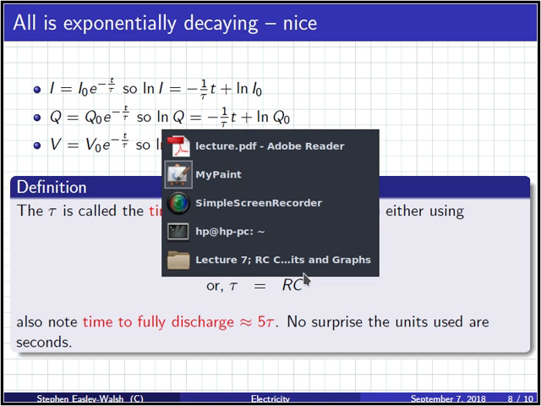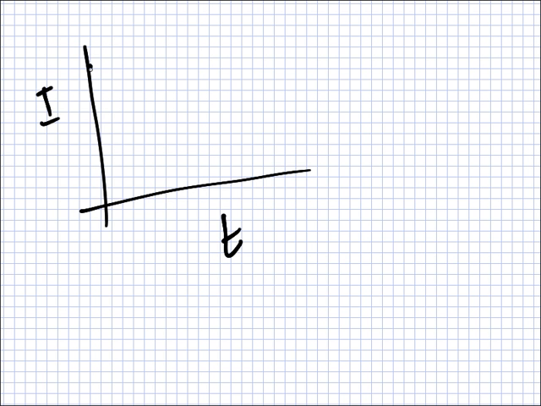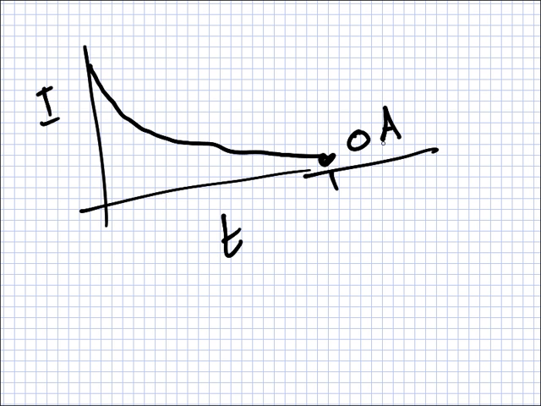So what I mean is, here's the t, here's the I, and it decreases like this. And at some point here, we say it's basically 0 amps, roughly. And that point is 5 time constants.